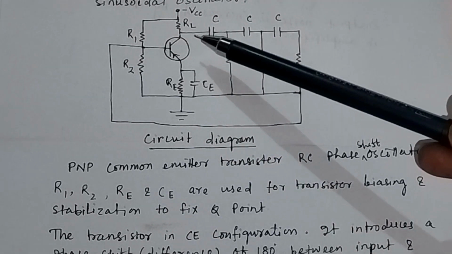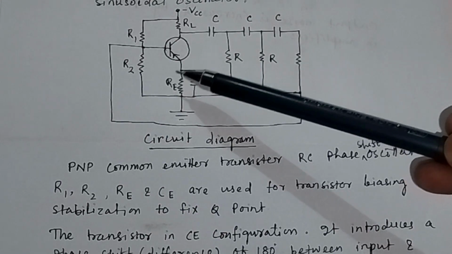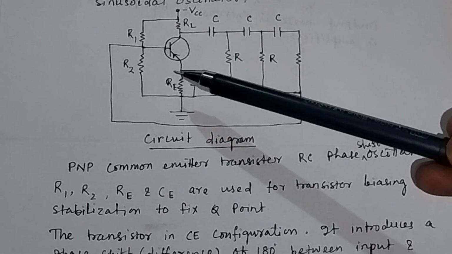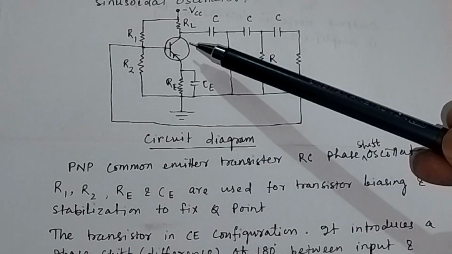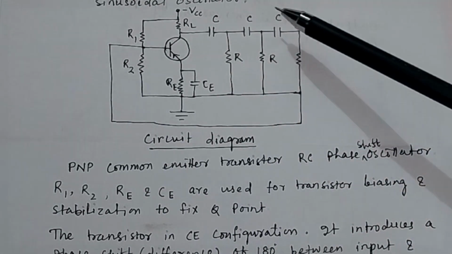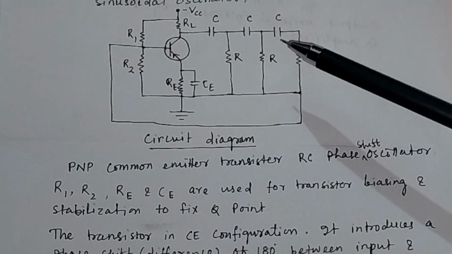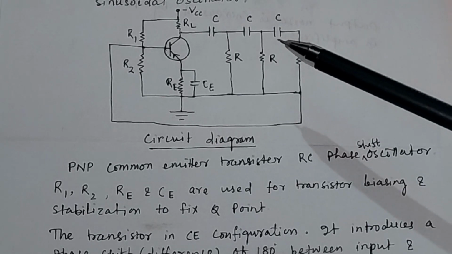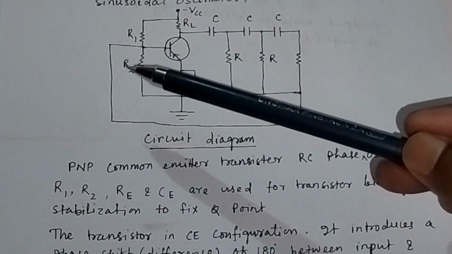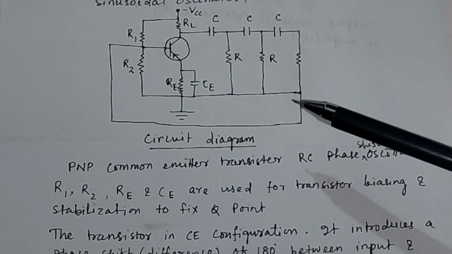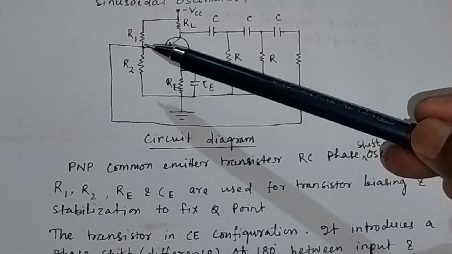That means the difference of phase between the output voltage and input voltage is 180 degrees, and the phase difference in this RC circuit is also 180 degrees. So the total phase shift around this loop, that is this positive feedback loop, is fed back to the input.